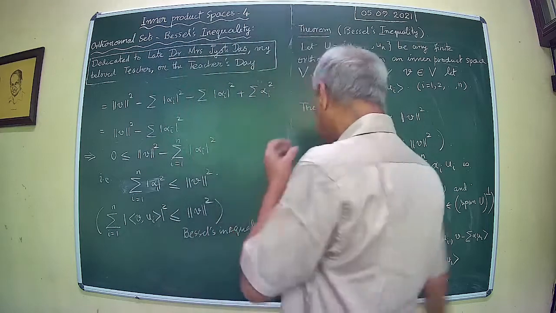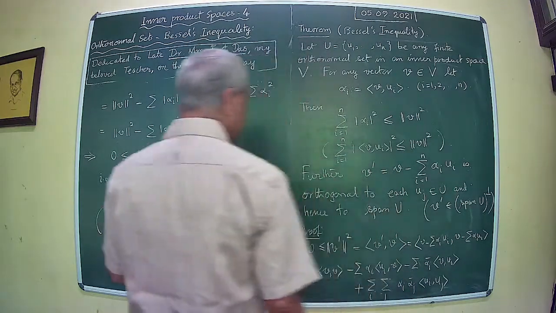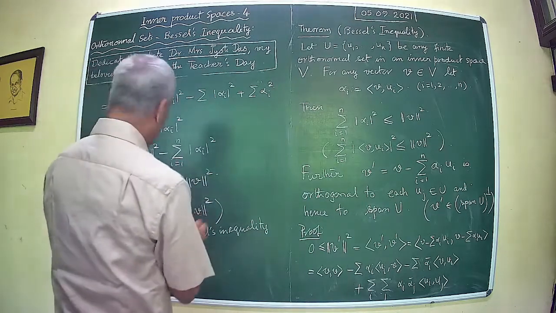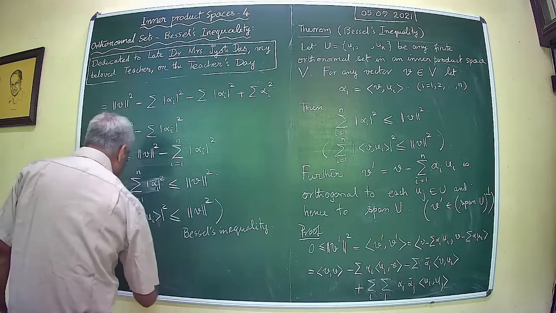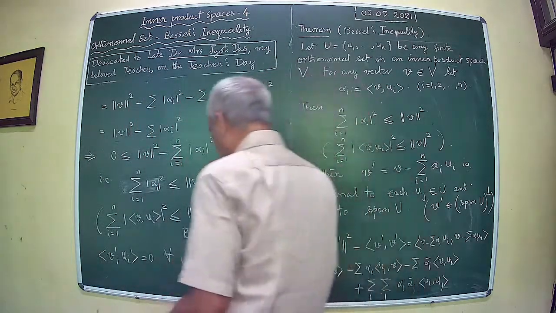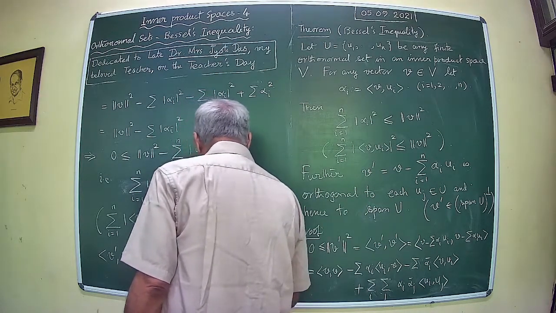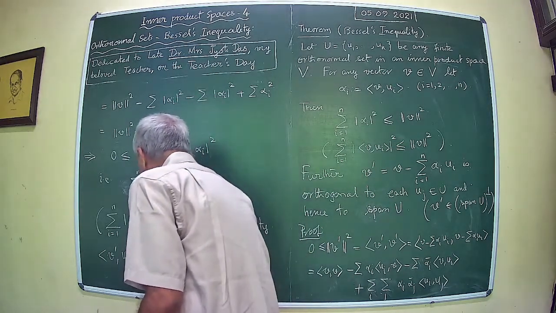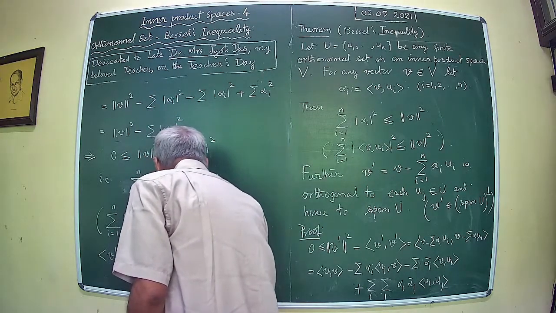It is quite a direct computation to show, or one can easily verify, that v prime is orthogonal to u1 through un, that is v prime belongs to the orthogonal complement of the span of u.